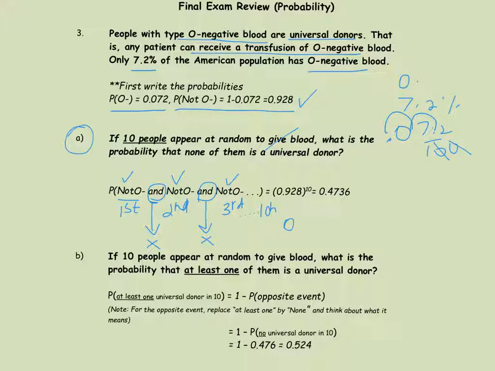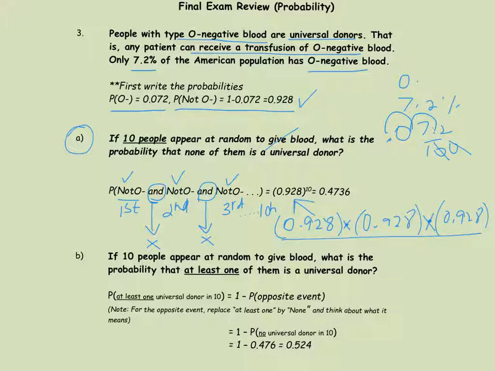So you have 0.928 not O negative, times 0.928 not O negative, times 0.928 not O negative. Every time I say and, I multiply, and they're independent events. So now we have 10 of these multiplied repeatedly. That's where the 0.928 to the 10th power comes from.